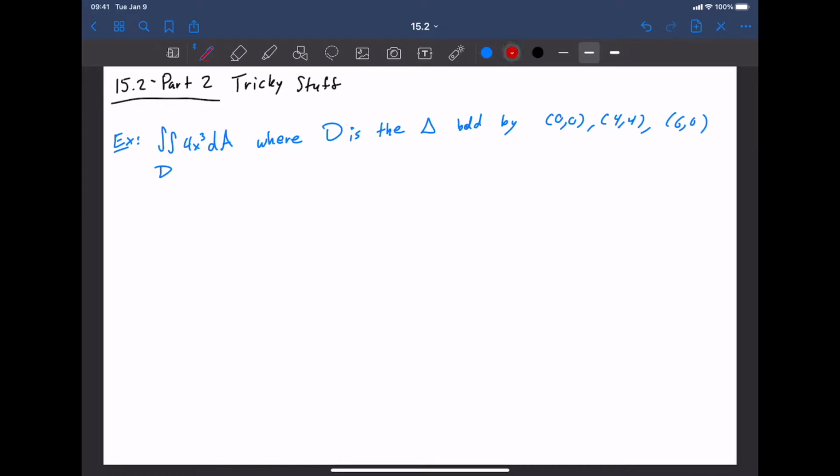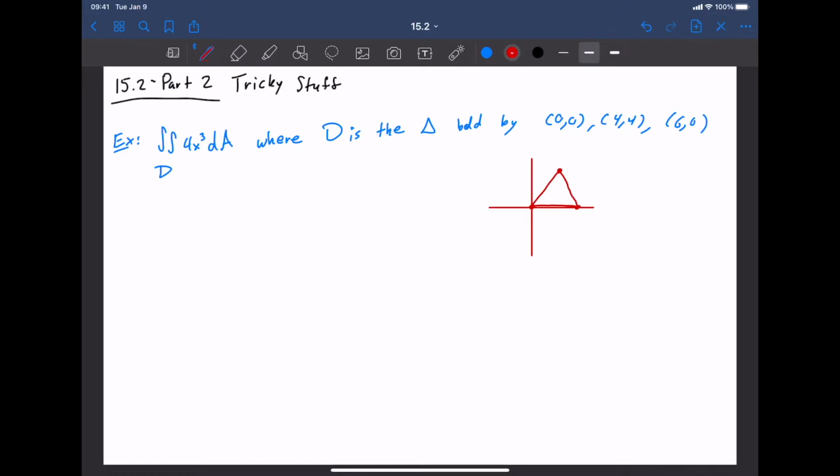So we're going to draw the picture in our 2D plane with (0, 0), (4, 4), and (6, 0). It probably shouldn't look as symmetric as I've made it. And when I look at that, do I think it's a type 1 or type 2 region?